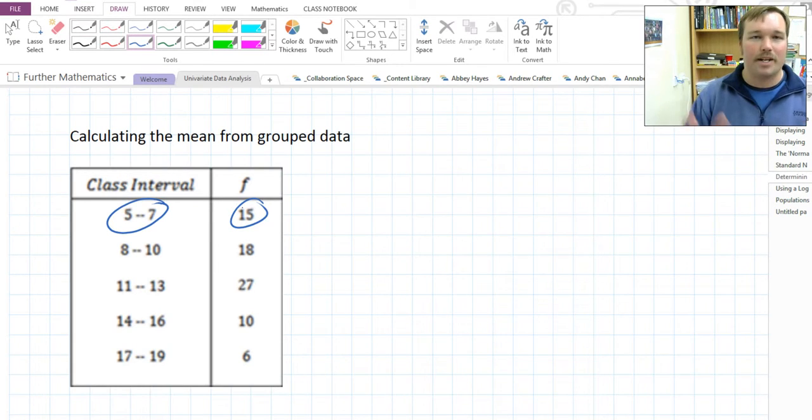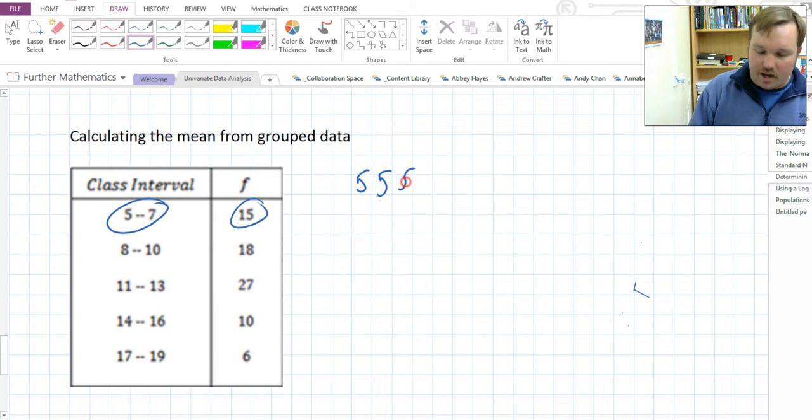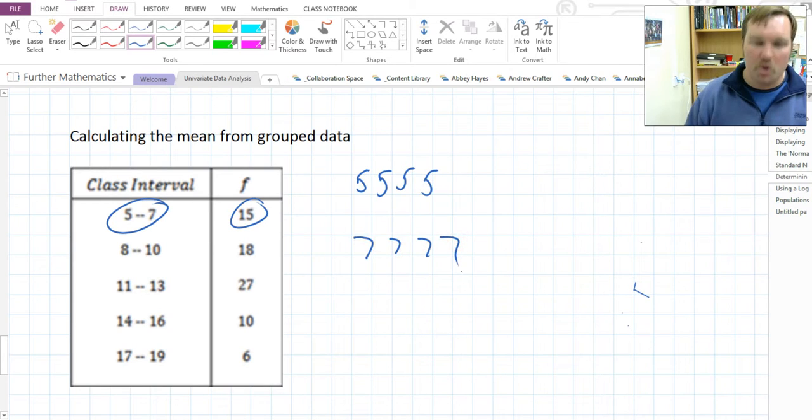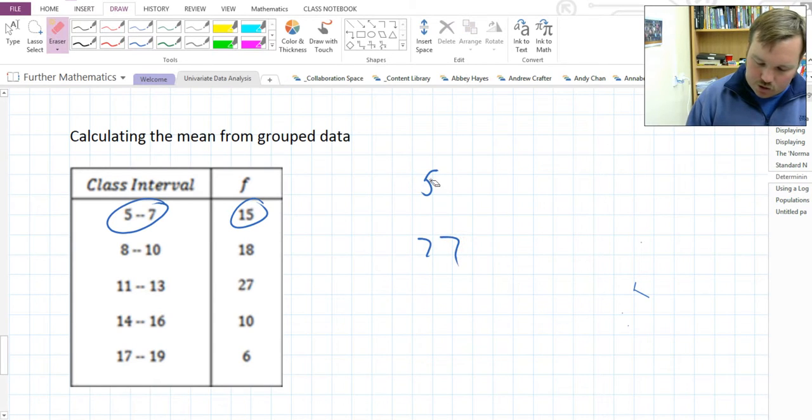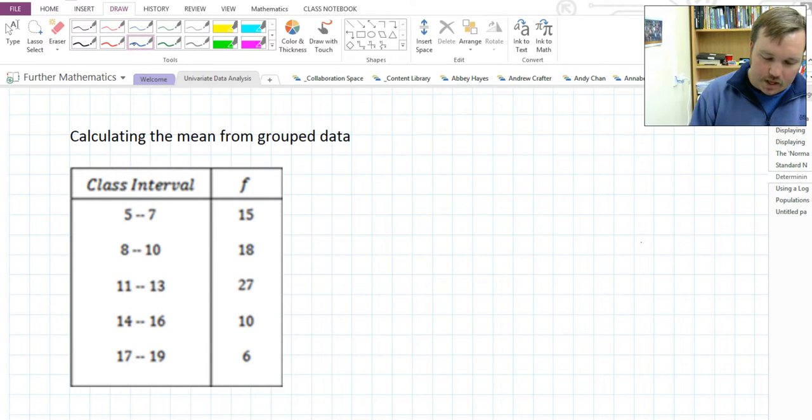When we group data into brackets, we lose precision. So really, that could be 15 5s in a row. Equally, it could be 15 7s in a row. We don't know. So what we tend to do when working out the mean is, we simply assume there are 15 of the middle point.